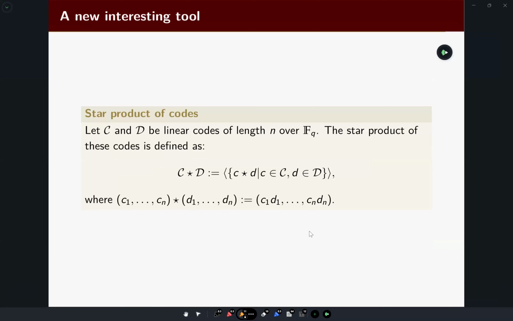So this is the main ingredient for our contribution. We can describe what is happening with the product of the two polynomials by using the star product of codes. The star product is just the code obtained by doing component-by-component multiplication of the codewords.